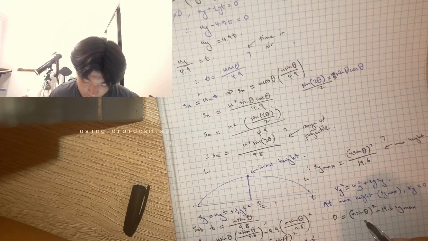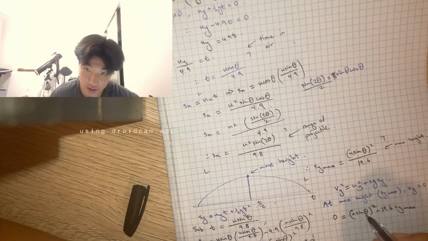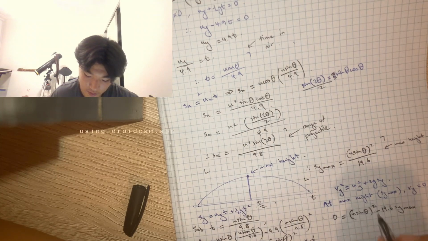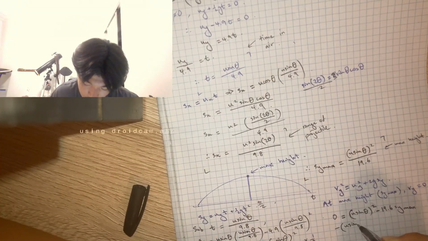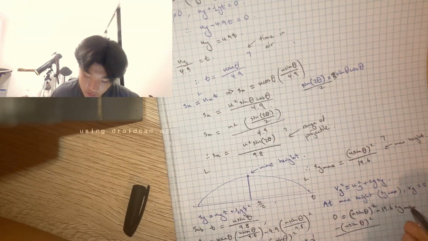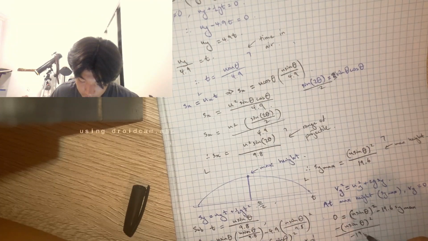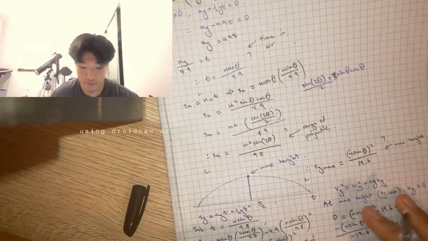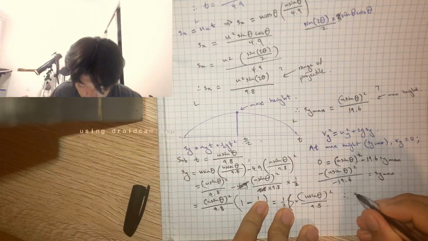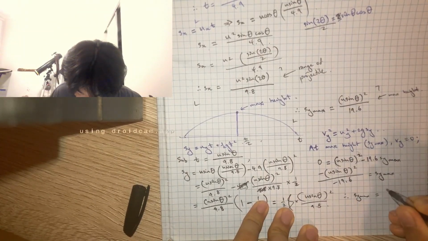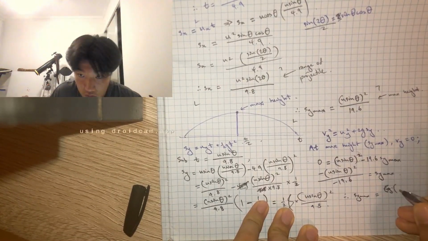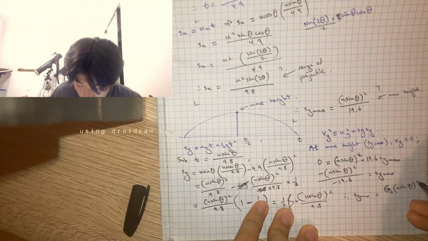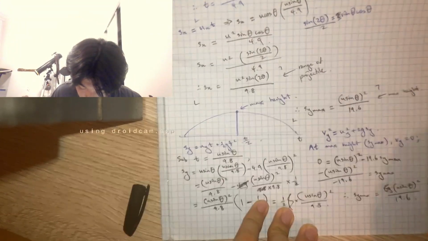Okay. What happens now? I subtract this, so it becomes negative u sine theta all squared, and now I have to remove the coefficient, negative 19.6, by dividing it on both sides. Therefore, s of y max equals u sine theta squared over 19.6.